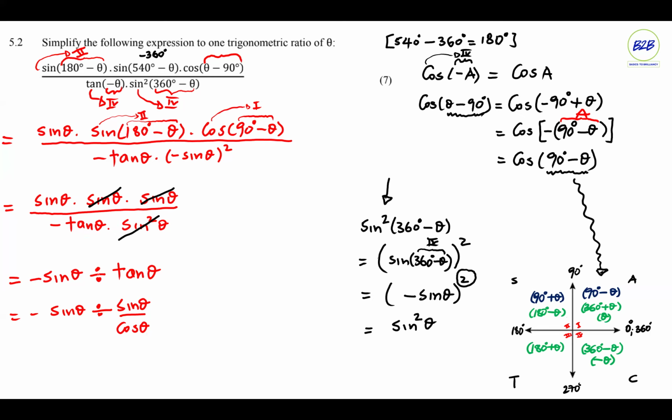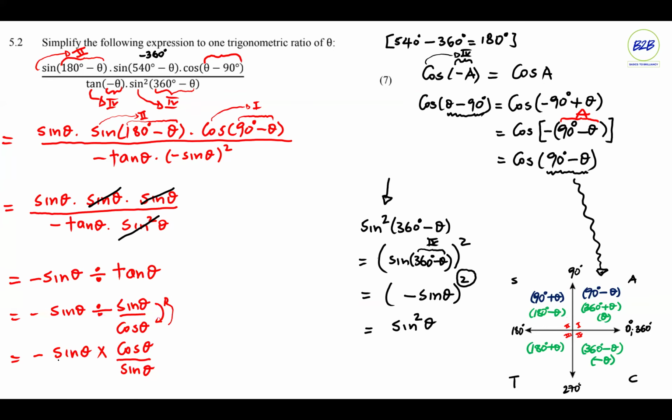Then, therefore, you can introduce the fraction. And then now it's simple to see that we changed the division sign into a multiplication sign. Therefore, we are going to flip as well the contents of tan from sine over cos into cos over sine.